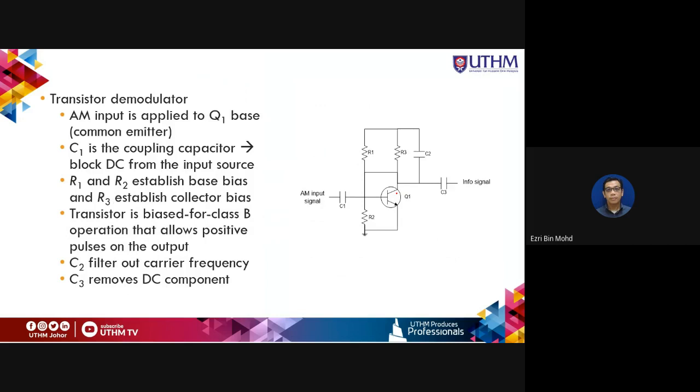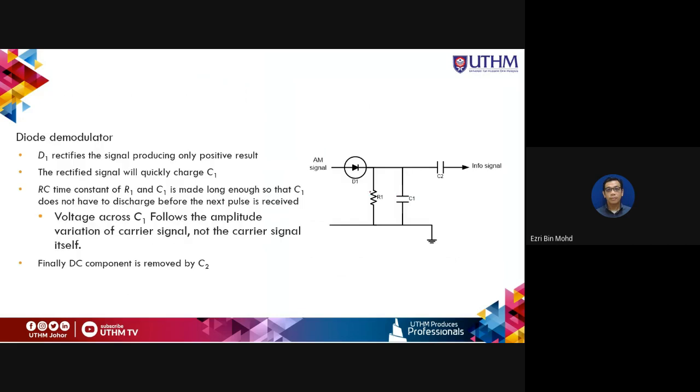Okay, the diode demodulator. D1 here rectifies the signal, producing only a positive result, and the rectifier circuit quickly charges C1. On the positive side the capacitor is charged, and on the negative side of the AM wave the capacitor is discharged.